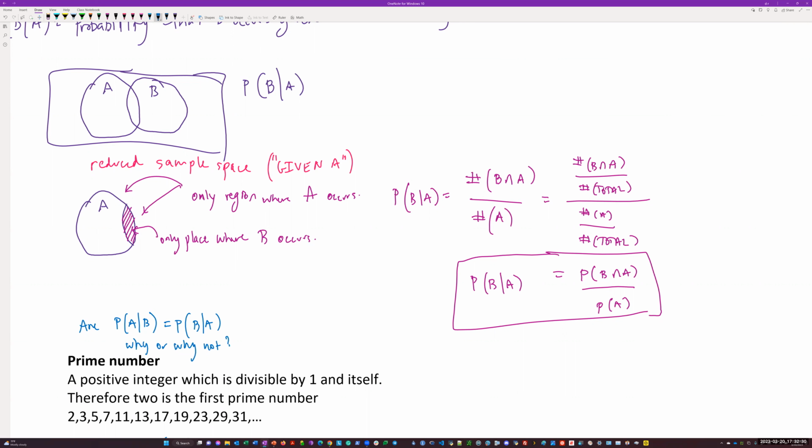Do it the same way we just did it in terms of the picture. If the chance of B given A is this region divided by that region, what would the other one be? So they're different. Oh, you are saying they're different.